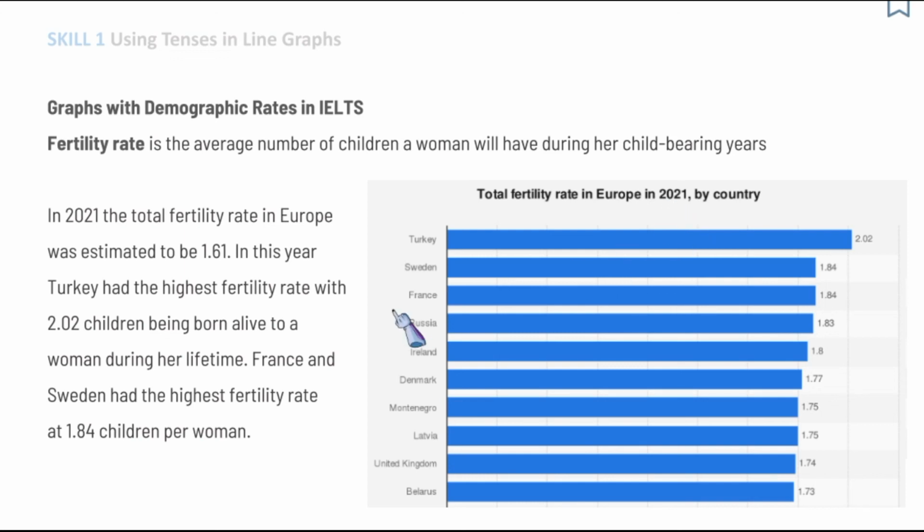And an example sentence can be this: in this year, Turkey had the highest fertility rate with roughly 2 children being born alive to a woman during her lifetime. So quite possibly you will have to write about fertility rates in your writing task 1 in the IELTS test.